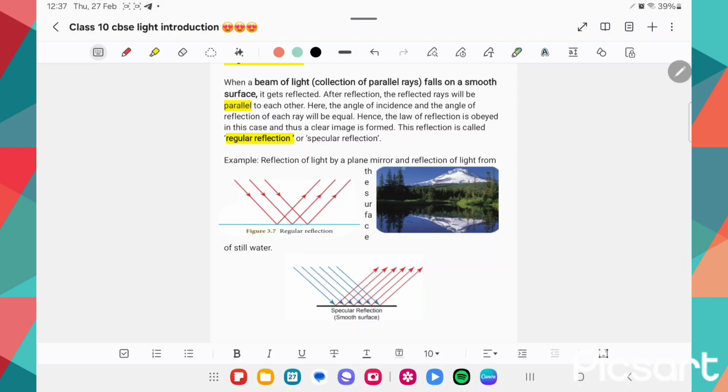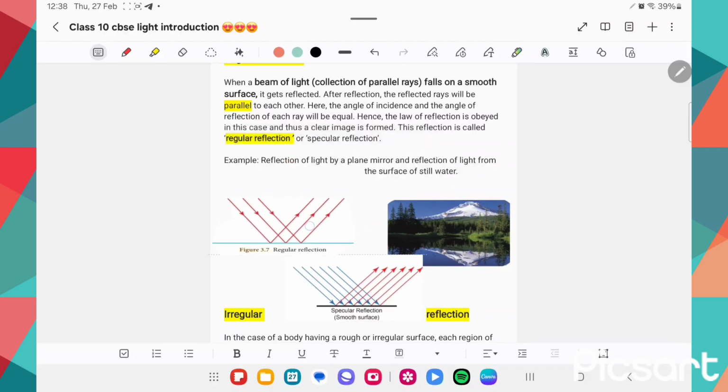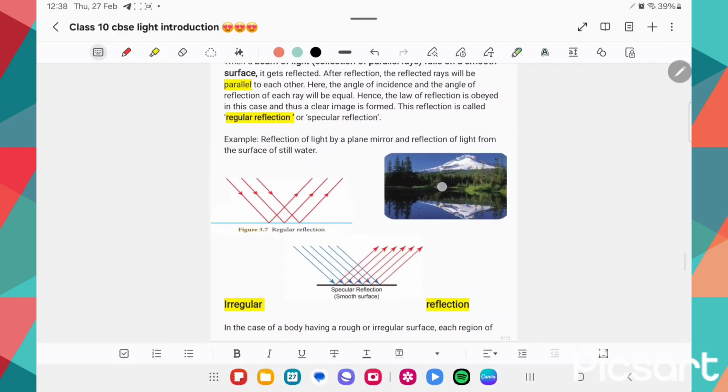Can you see this hill mountain, how it is? Because of the clear water, you can see that the image is very, very clear, correct? The image of the hill is very clear.